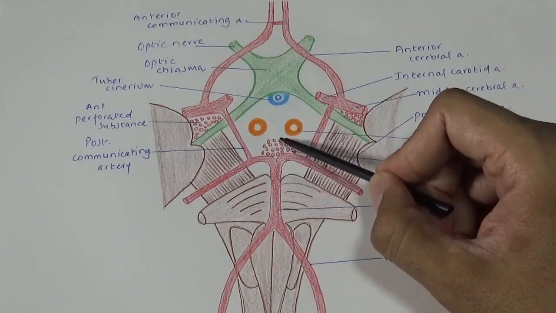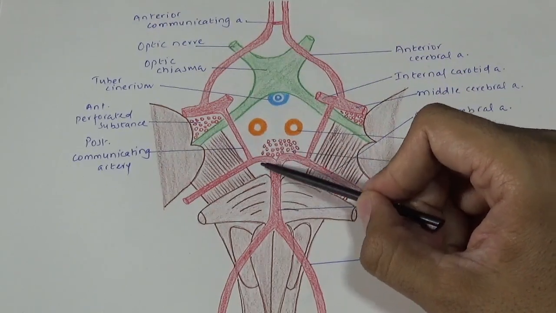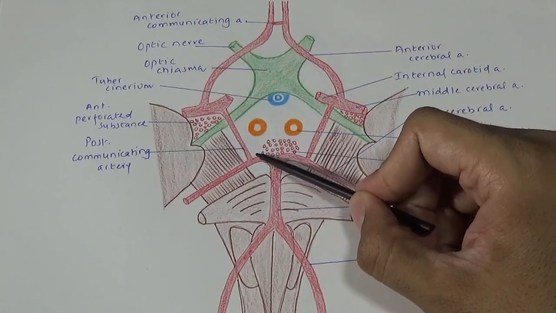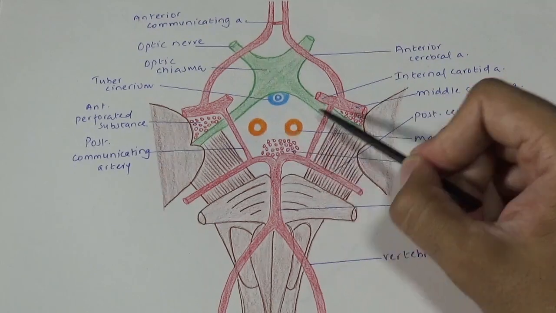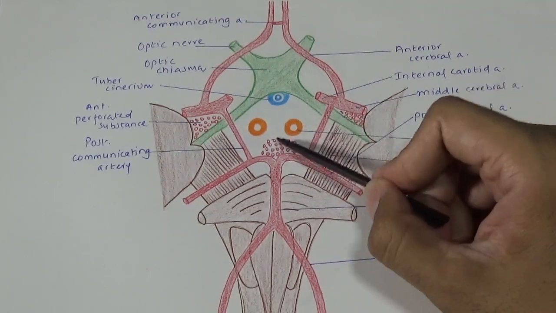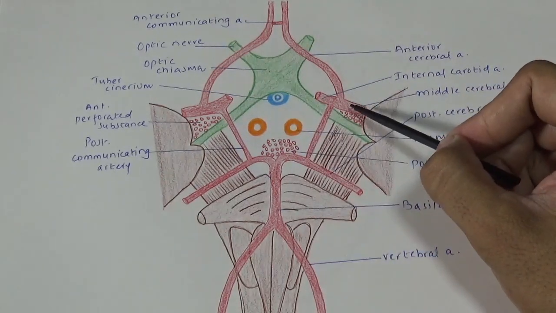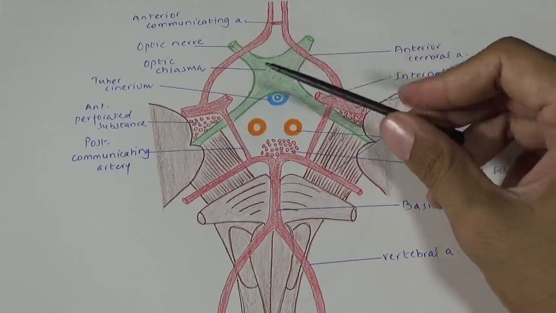So multiple central branches will pierce the cerebral cortex to enter deep inside, giving it a perforated appearance. So it is termed as perforated substance, and as it is oriented behind this, it is termed as posterior perforated substance.